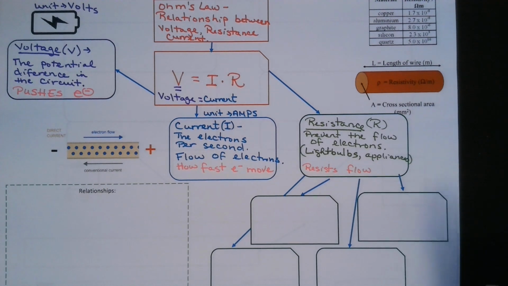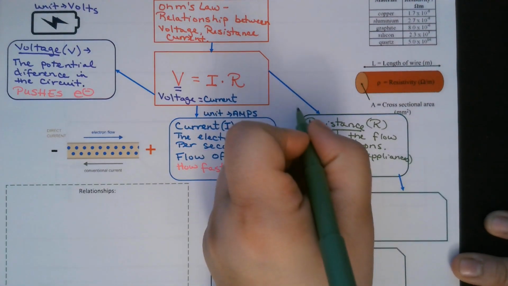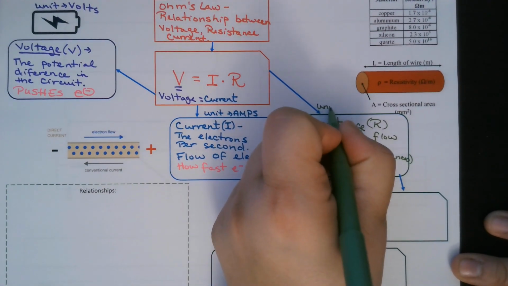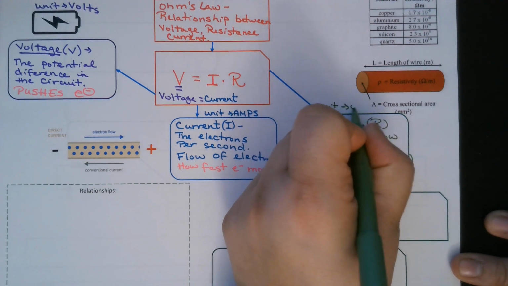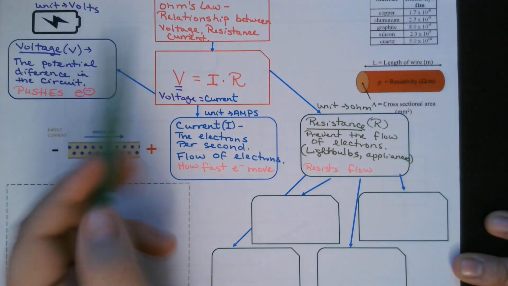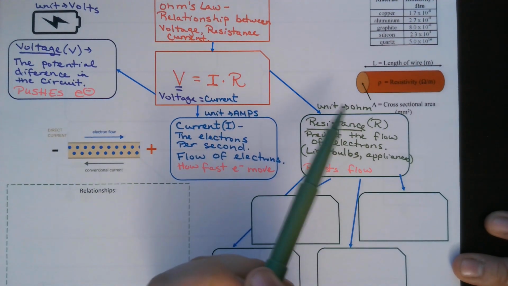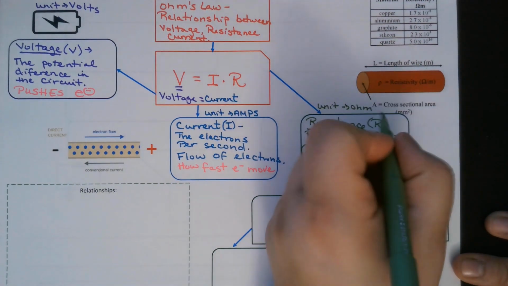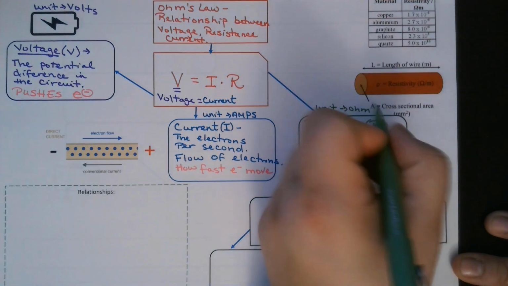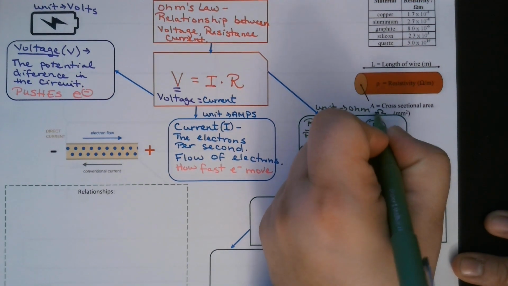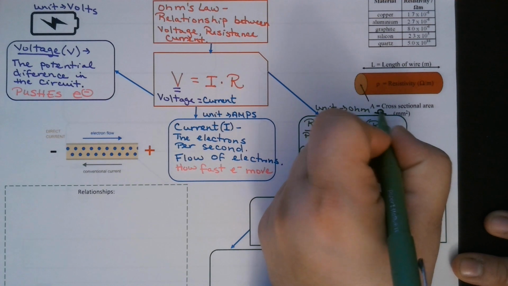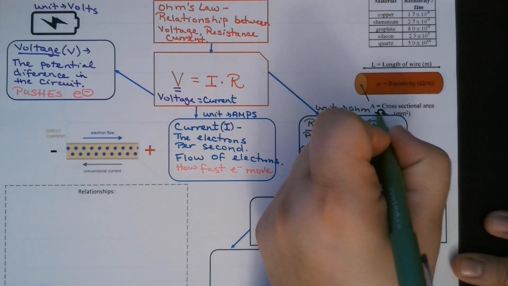The unit for resistance is the ohm. The unit is the ohm for Ohm's law, but nobody wants to write ohms. Because ohm is so close to omega, they just write a little backwards horseshoe omega symbol.